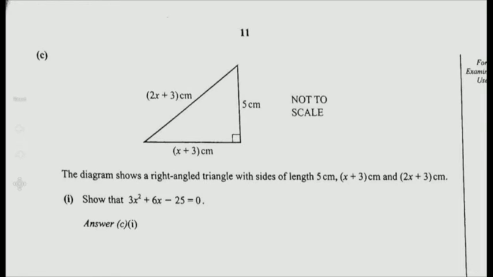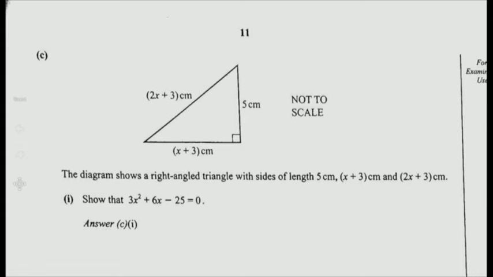Now, we can have a look at the next question, still on algebra. It's another question similar to the one we've just worked out. Here is the question. We are given this triangle.